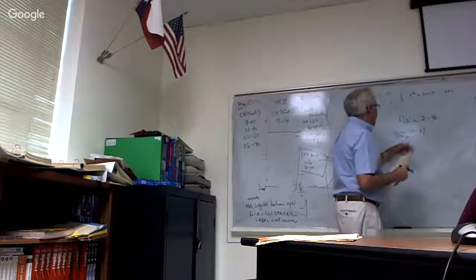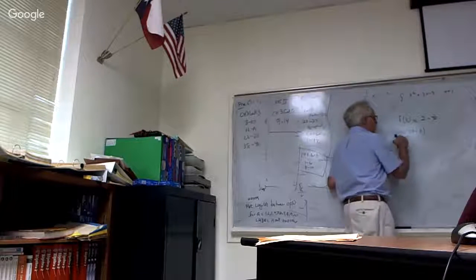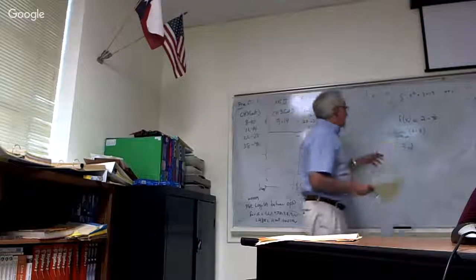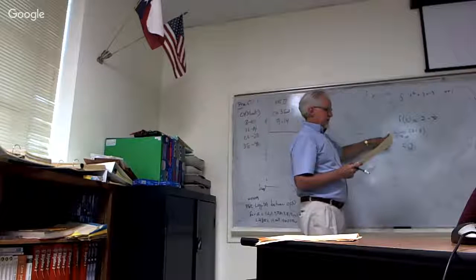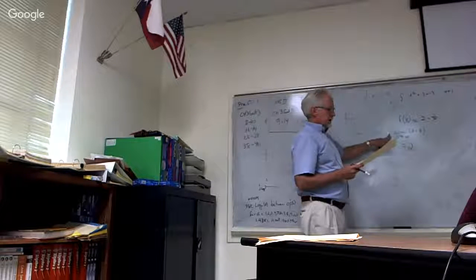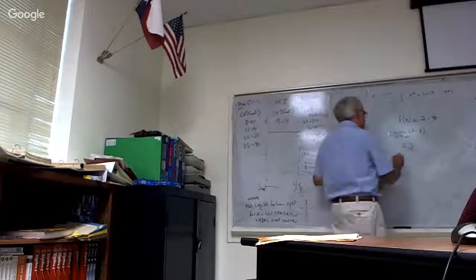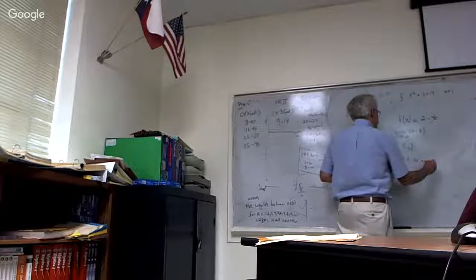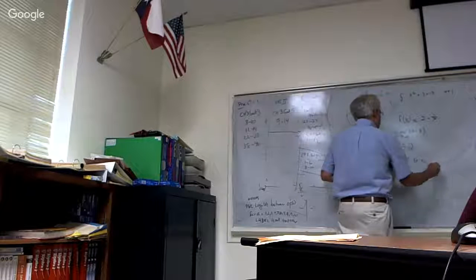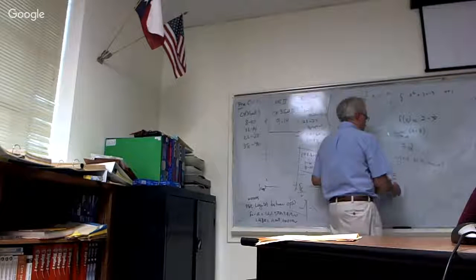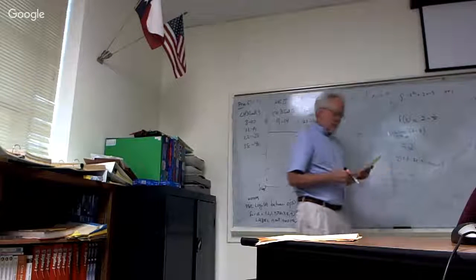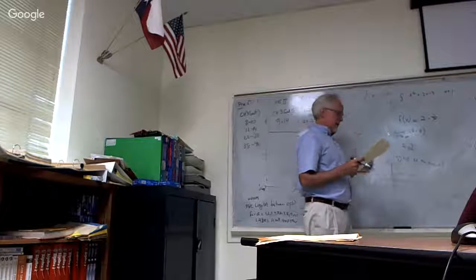What does that equal as x goes to infinity? 2. So does this limit exist? Yes. What is the limit? 2. And what do we also say? Y equal 2 is the horizontal asymptote.